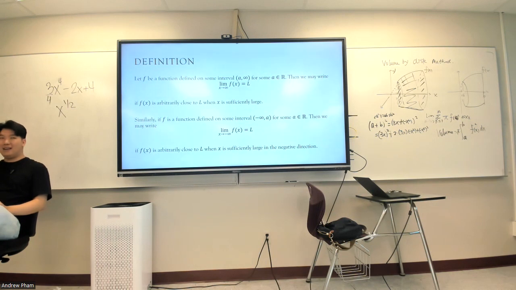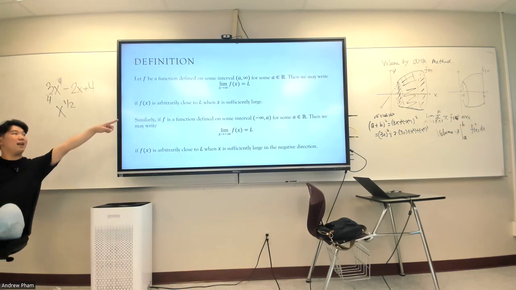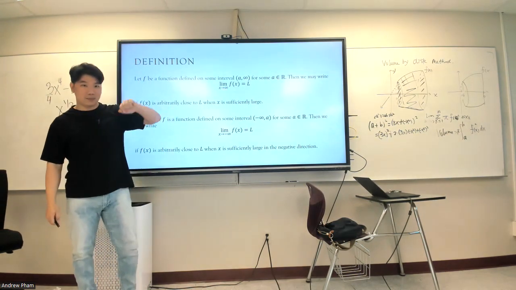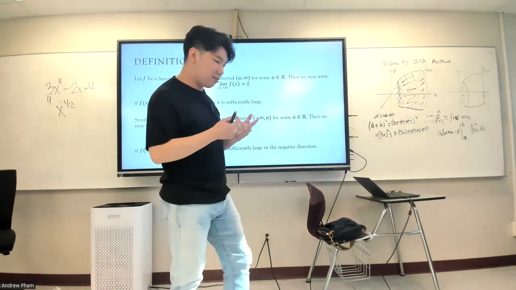So we know a limit at infinity is whenever x is going to infinity. But we recall that an infinite limit is when my limit is equal to infinity. So infinite limit is when I'm equal to infinity. A limit at infinity is when x, like this right here, is going to infinity. So that's just a very small nuanced thing.